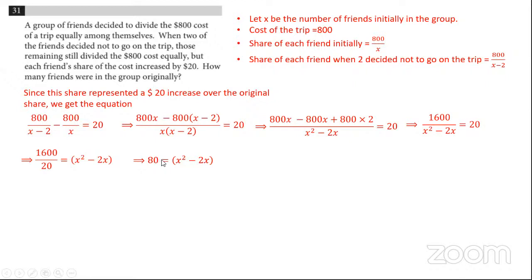So we'll get 80 equal to x square minus 2x. Subtracting 80 on both sides, we get x square minus 2x minus 80 equal to 0. So we now got a quadratic equation in x.